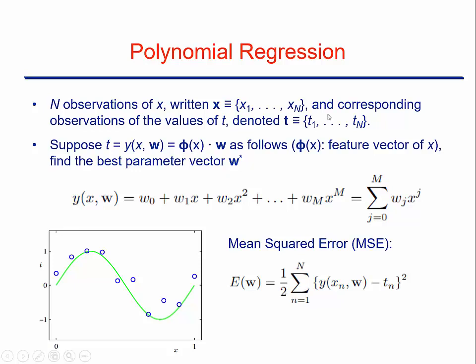So we have n observations paired with x_i and t_i. So we will denote the input values in the typeface font, big X, which is a set of x values. And correspondingly, we will have a typeface symbol t, which is a set of corresponding target values.